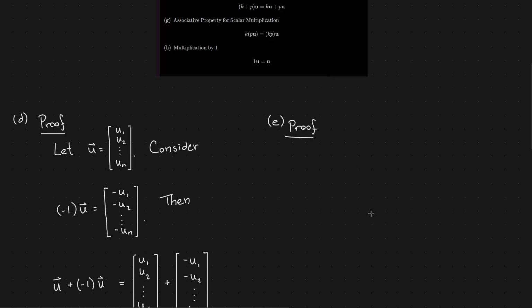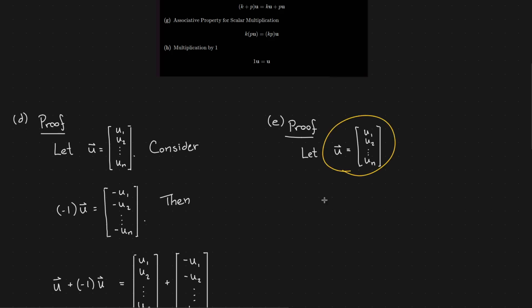I'm going to start the proof again. But in order to apply the definition of vector addition, the definition of scalar multiplication, I need to break my vectors down into components. So let's let vector u equal u1, u2, all the way to un. And I should say here, this is a different proof.